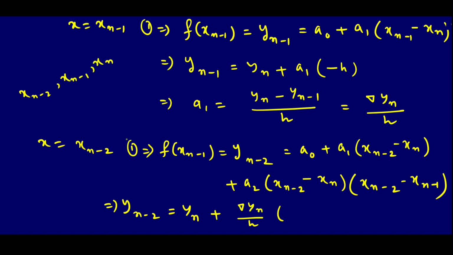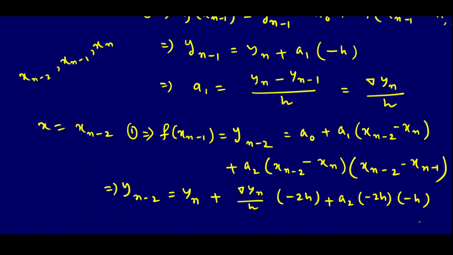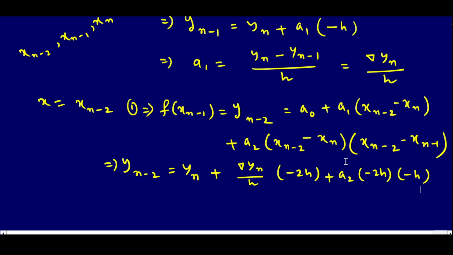So the gap is double, and we'll write minus twice h. If it is adjacent, then minus h, but since there is one more term in between xn minus 2 and xn, it is minus twice h. And for the last term, a2 into minus twice h, and then again these are consecutive, so minus h. Now we have to simplify it.